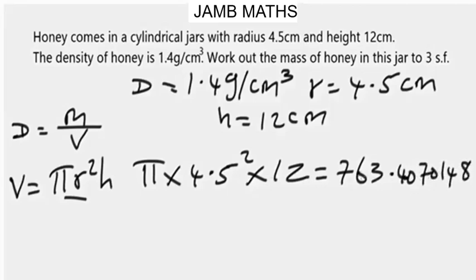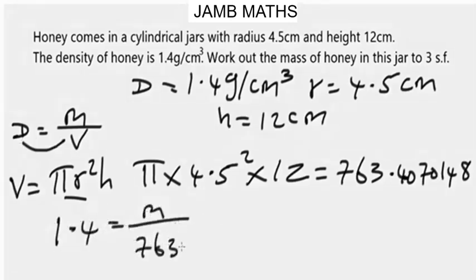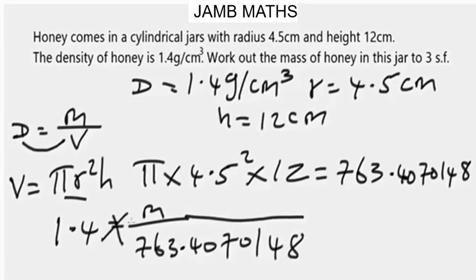Now that we have it, let's plug in the volume in this formula and get the mass. So density again is 1.4, equals mass over the figure we have, 763.4070148. When you cross multiply, our mass will be this value we have here times 1.4.